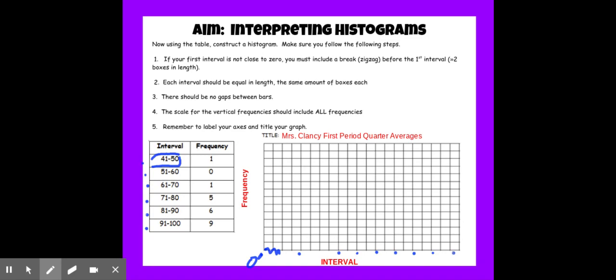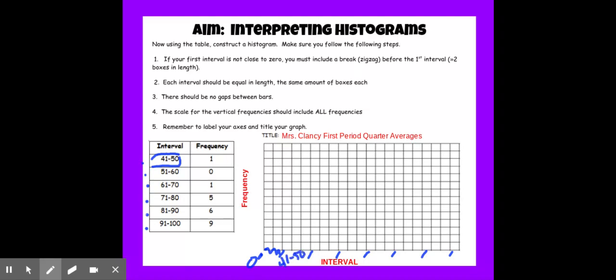So if we have 6 intervals and we need to divide up equally by 18 to 19 boxes, we're going to say that each interval is going to fit between 3 boxes. That would give us enough room and space to incorporate it. So what I did is I just sectioned off every 3 boxes. I put a line, and that line is where we're going to write our intervals. So the first one's 41 to 50.